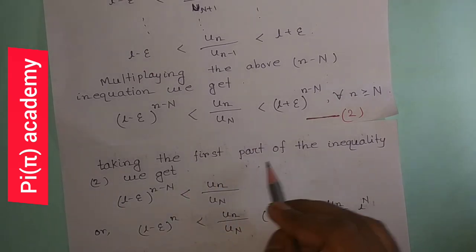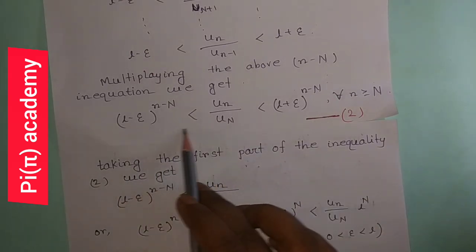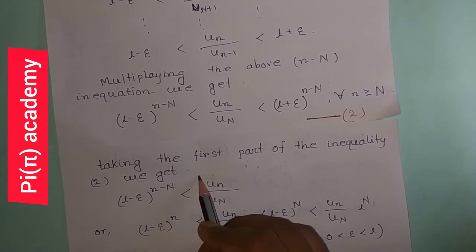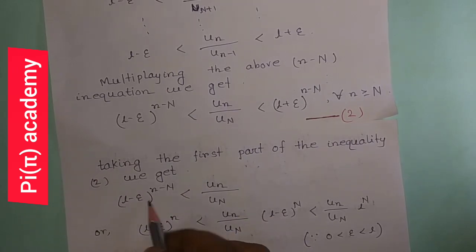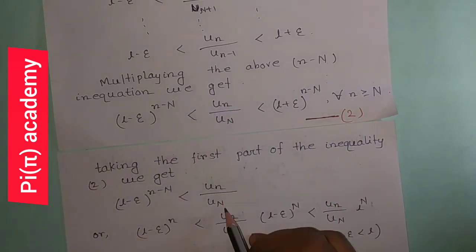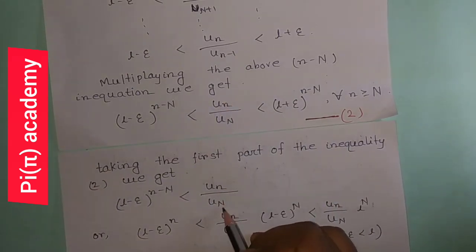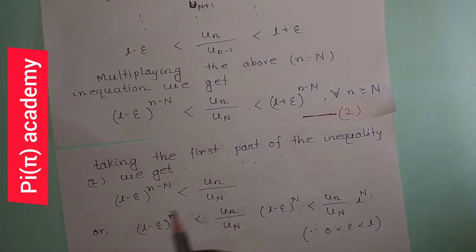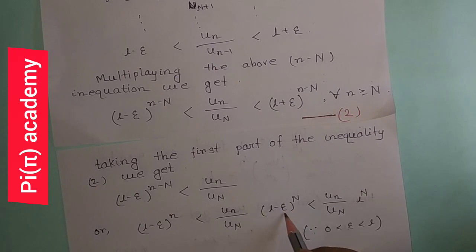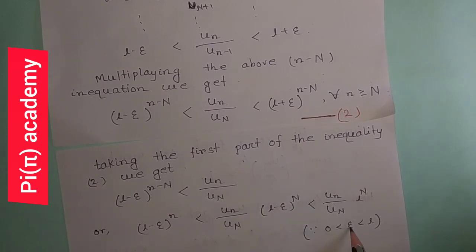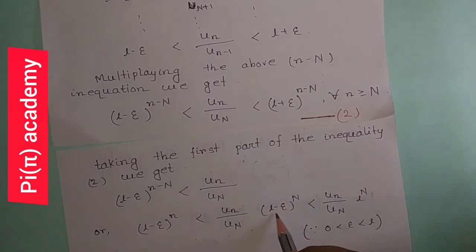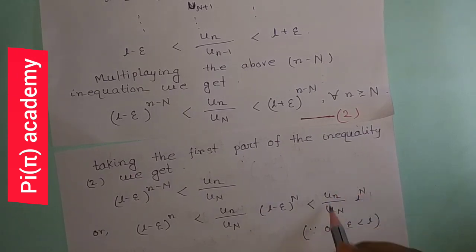Now taking the first part of inequation 2, we get L minus epsilon whole to the power n minus capital N less than u_n divided by u_N. Therefore from this we get this, and since 0 less than epsilon less than L, if we put L in place of this, then this is greater than this.